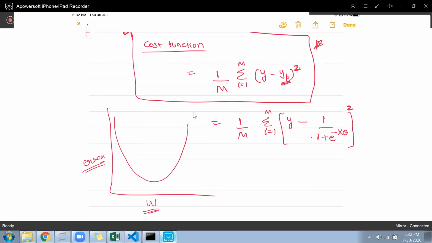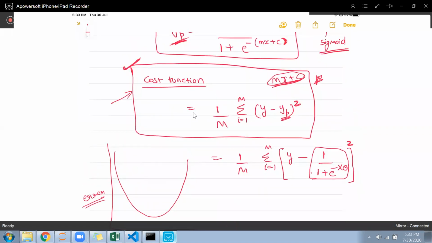Earlier this y was simply mx plus c, but now it is 1 upon 1 plus e to the power minus x theta. So this cost function will not be convex, so I will not be able to converge. That's why I will not be using this cost function.